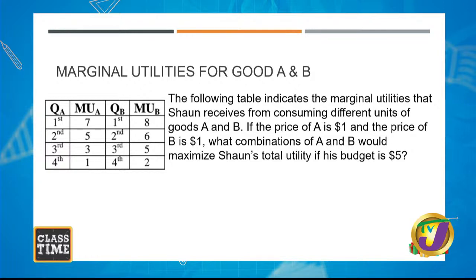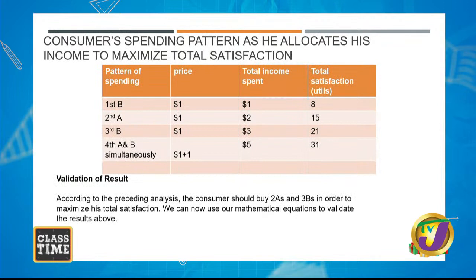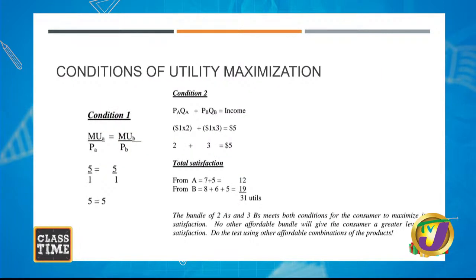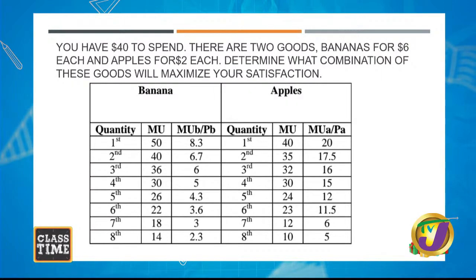So the consumer purchases good B, and then they're going to compare the first unit of good A and good B. The second largest utils is good A. So the consumer will purchase A, then B again, then both A and B simultaneously because the utils is the same for both goods. I want you for your assignment now to calculate the total utils based on those goods and also to see if the consumer was maximizing their income.